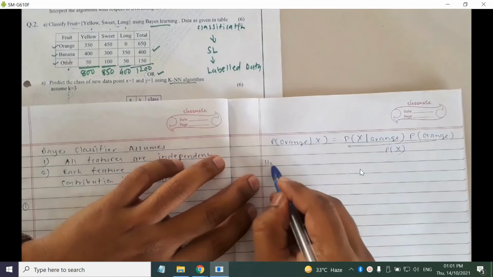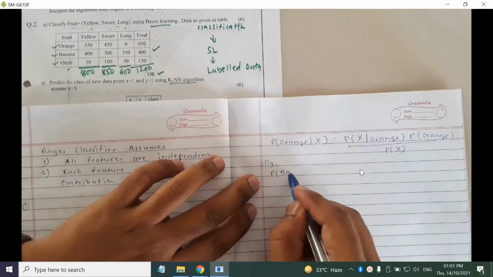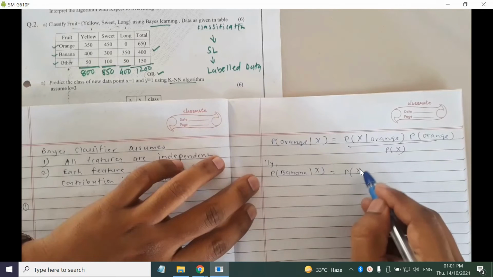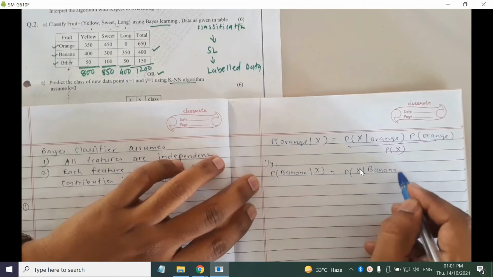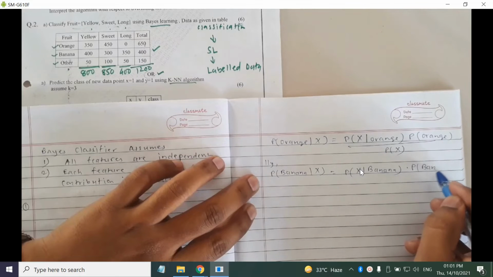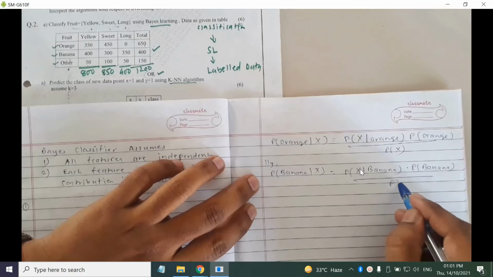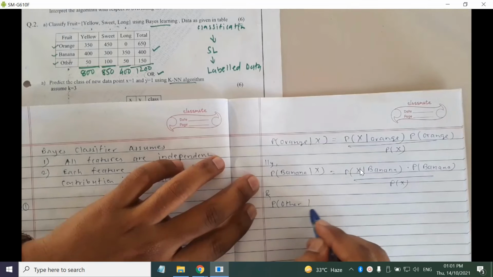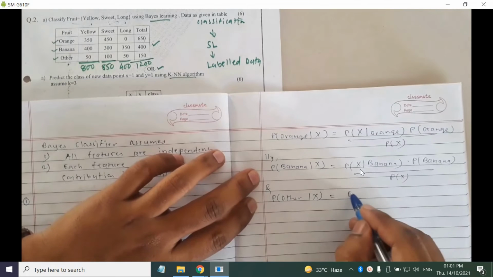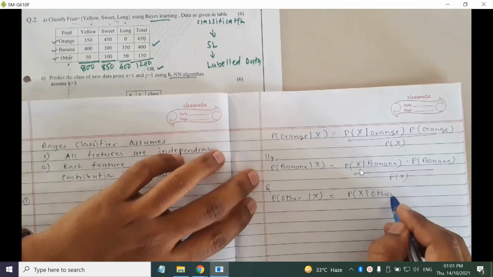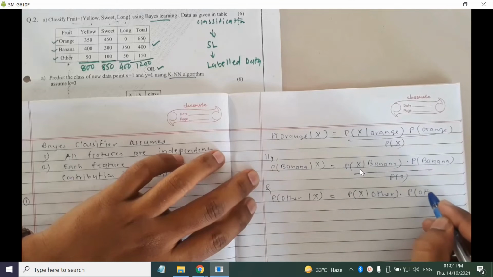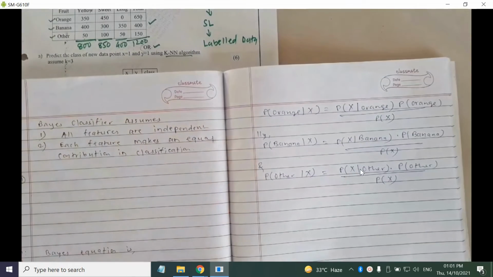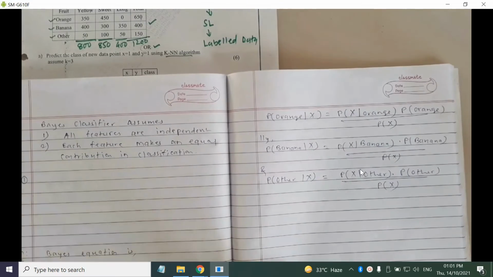Similarly, probability of banana given x equals probability of x given banana into probability of banana divided by probability of x, and probability of other given x equals probability of x given other into probability of other and probability of x. Now which things can we calculate from the given data?